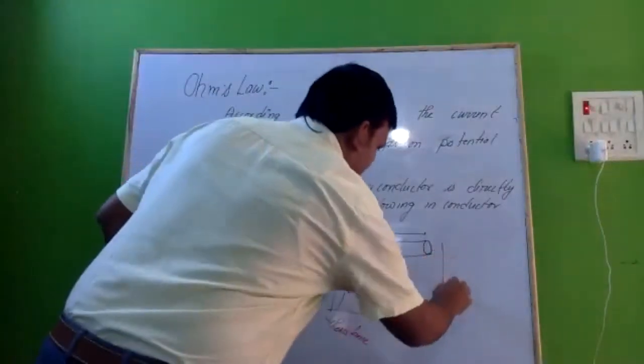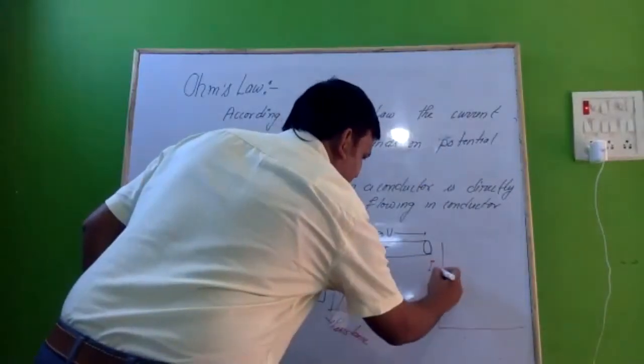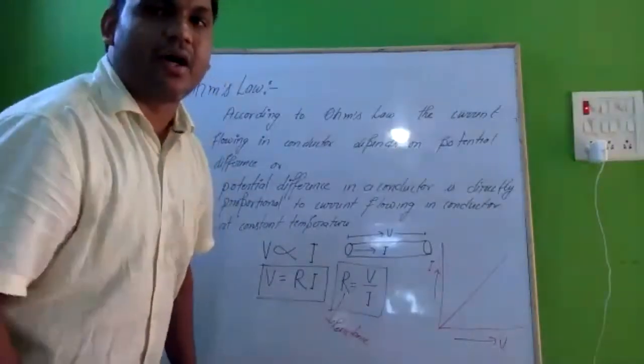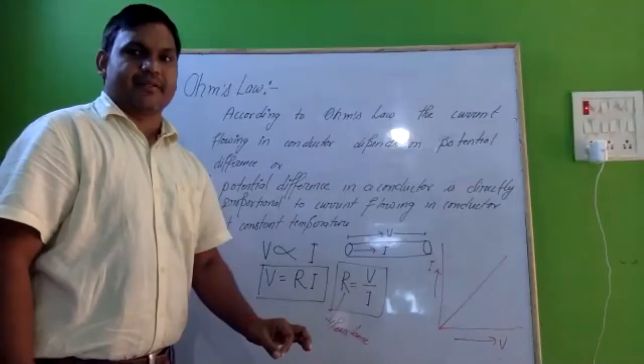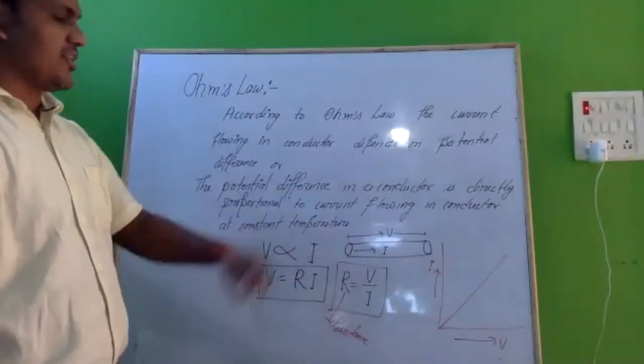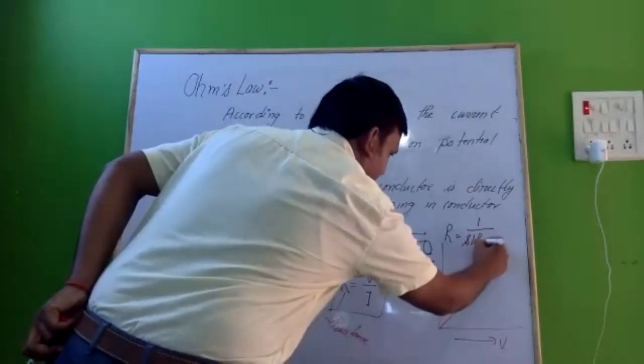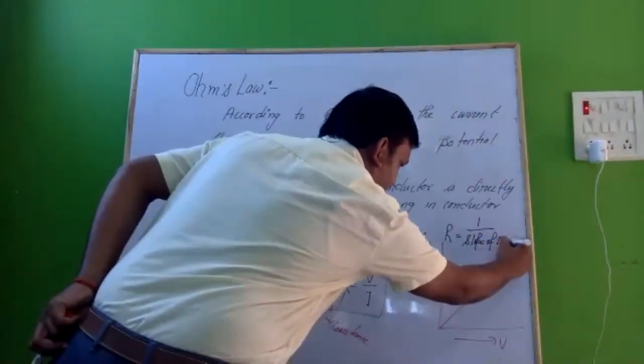You can see the graph also. If you take I on the y-axis and V on the x-axis, this will be the graph because there will be a linear dependency between V and I. And the resistance R can be written as 1 by the slope of the IV graph.